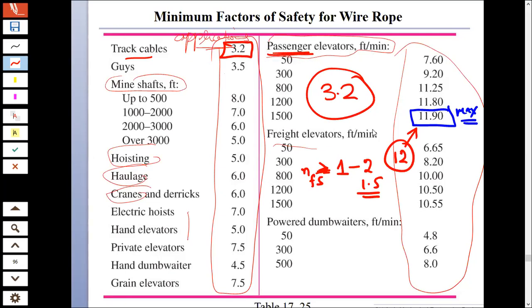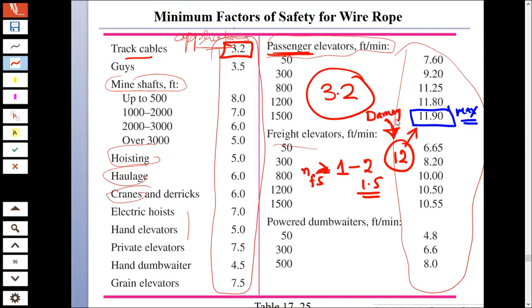ठीक है जी। देखिए, if a lift or an elevator falls, what is going to happen? Loss of life.